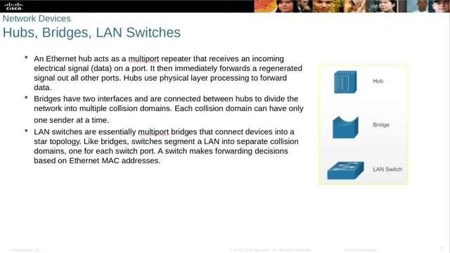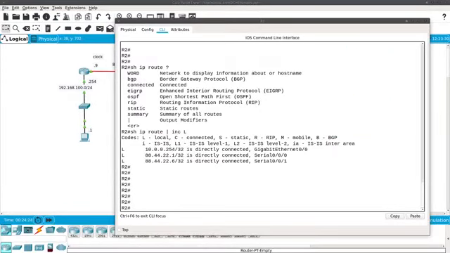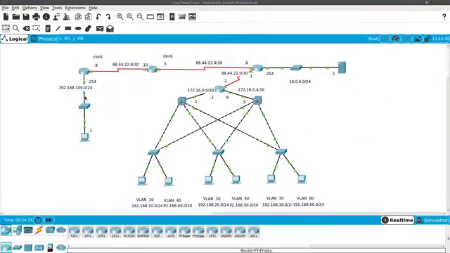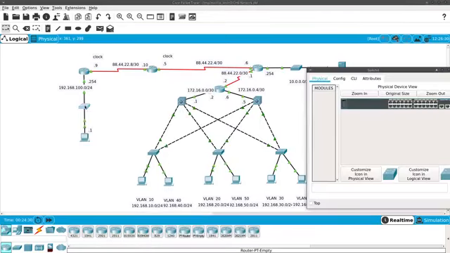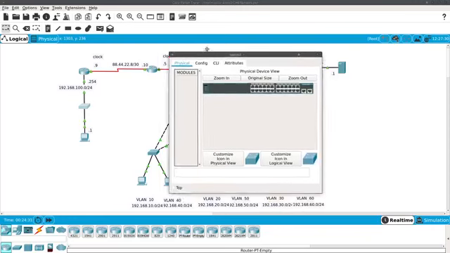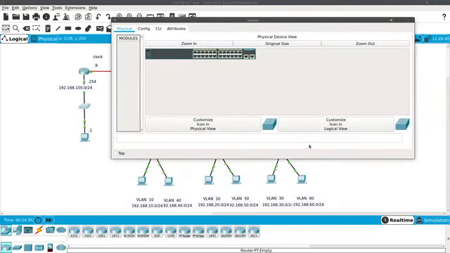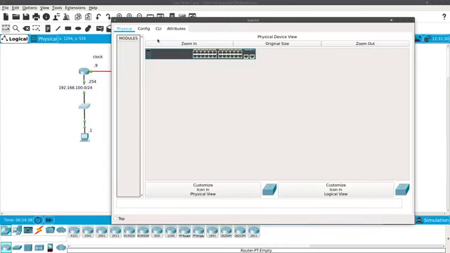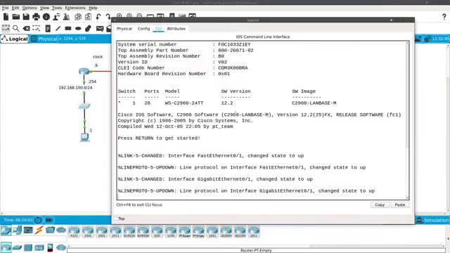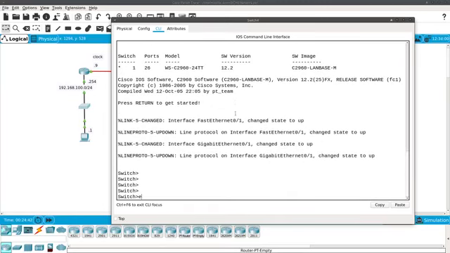So for instance, if we go back to our Packet Tracer again for just a moment, we have a switch here. It's an access layer switch. If we go into that switch and have a little look at the MAC address table. And how do we see the MAC address table? Super easy.